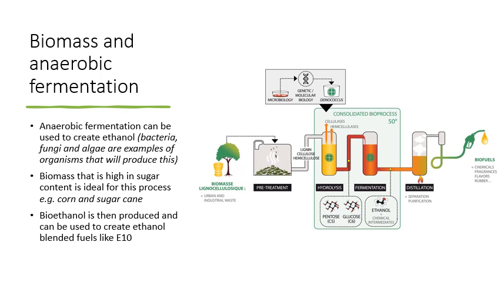Scientists are taking advantage of the fact that we can use microorganisms that undergo anaerobic fermentation to produce ethanol, to help us convert our biomass into something like bioethanol. So the sorts of organisms that scientists would be using to perform this process, where we want our end product to be bioethanol, we're going to be picking organisms that will undergo anaerobic fermentation, and we know the end product of fermentation in those organisms is ethanol.